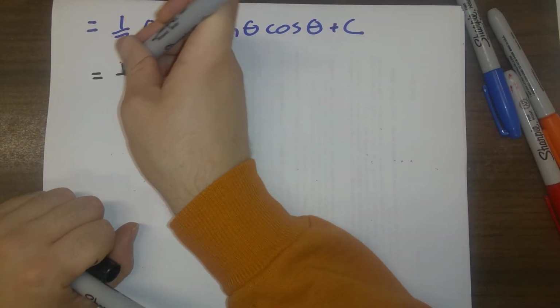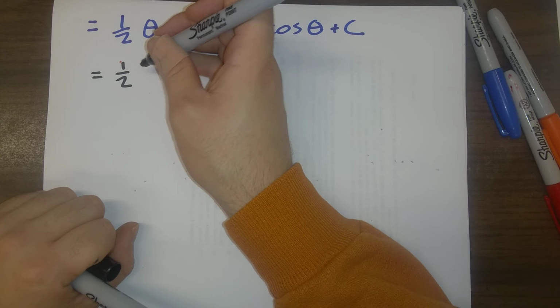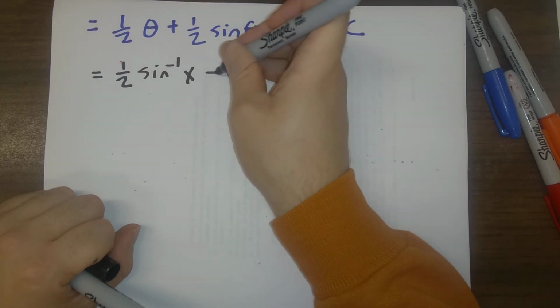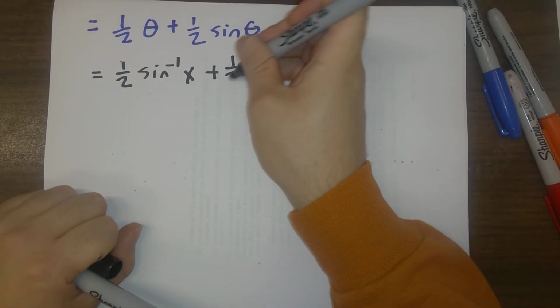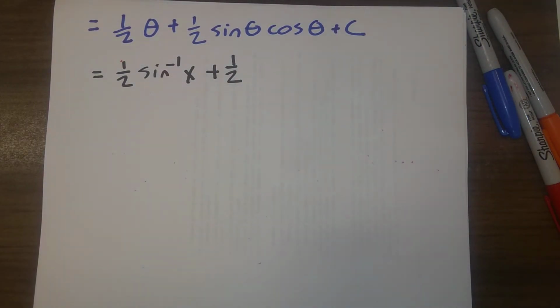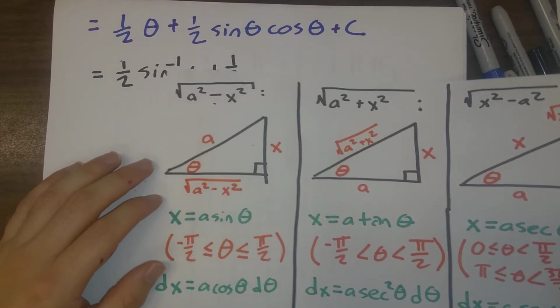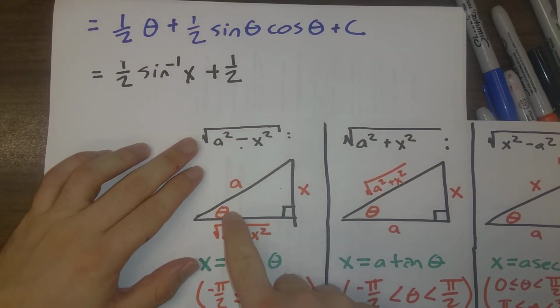So this first term here will be 1/2 times inverse sine of x. Now we have to figure out what to do with sine theta and cosine theta. And for this one, for the first time, we're going to have to go to our triangle here and just look to see what's going on.